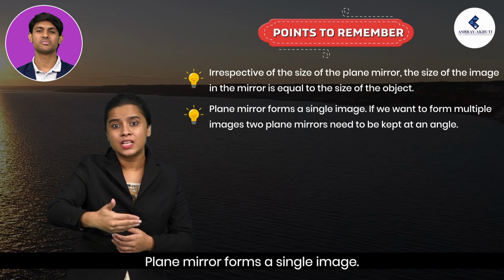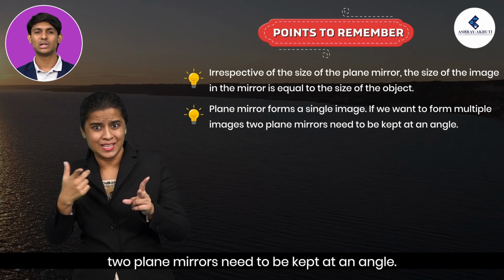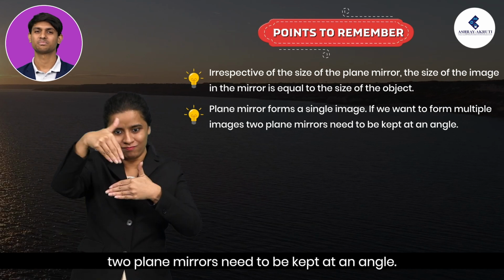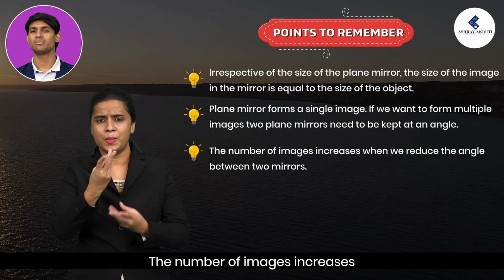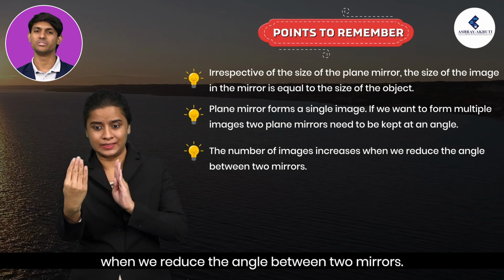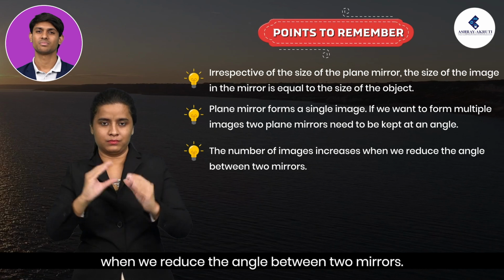Plane mirror forms a single image. If you want to form multiple images, 2 plane mirrors need to be kept at an angle. The number of images increases when we reduce the angle between two mirrors. Thank you.